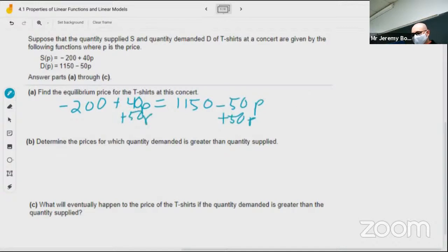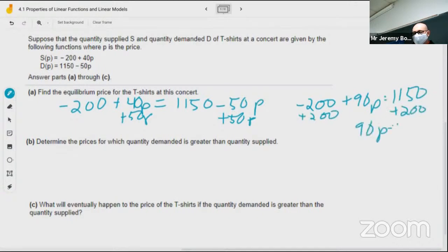And we'll have -200 plus 90p is equal to 1150. And add 200. So 90p is equal to 1350, divided by 90. And p is going to equal what? 15.